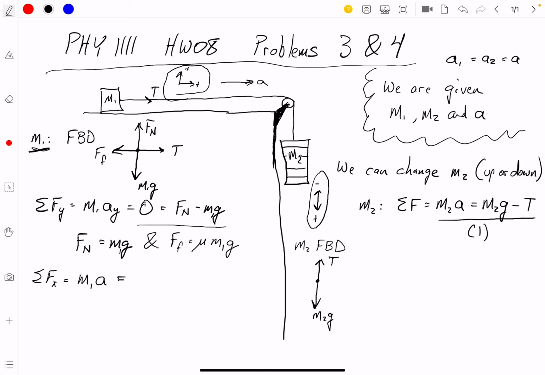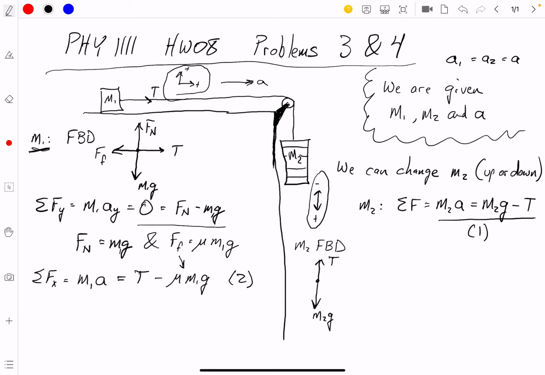And now all we have to do is do our force thing. We've got T pulling to the right, that's a positive. And we've got our friction force pulling to the left, that's a negative. So I'm going to write the force of friction, m1g, like this, because that's what it is. And those are the things that we know, or we don't quite know mu yet, but we're going to solve for it. So that's my second equation. All right.